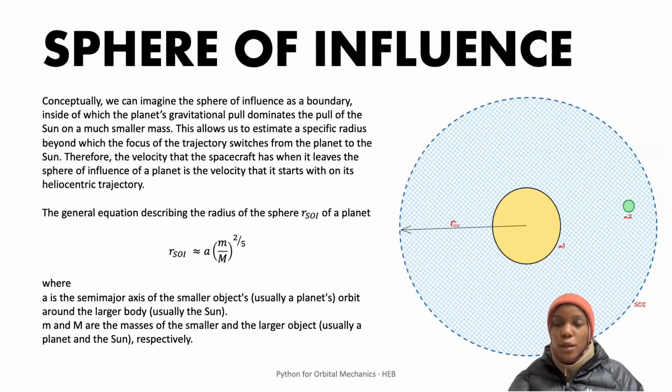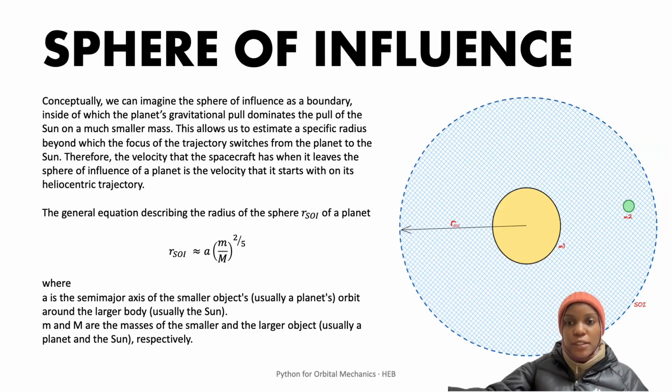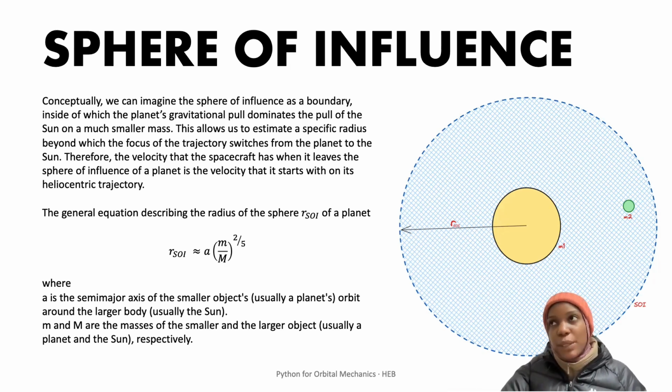So I want to explain the sphere of influence, which is basically the volume around a body where its influence extends to gravitationally attract other bodies. So let's say we plan a mission to Venus or something.